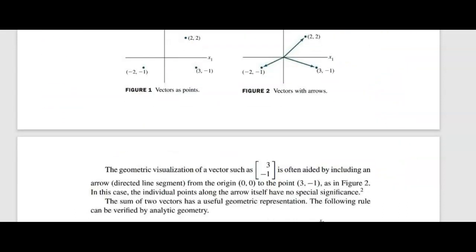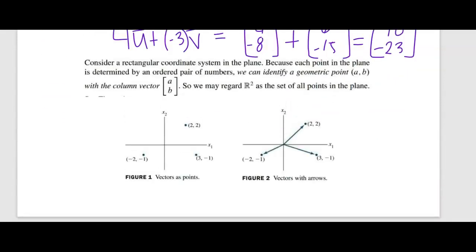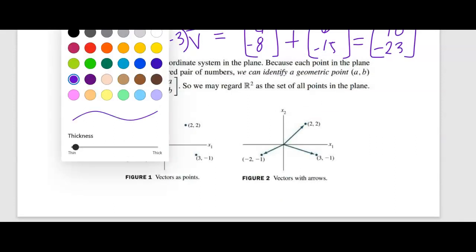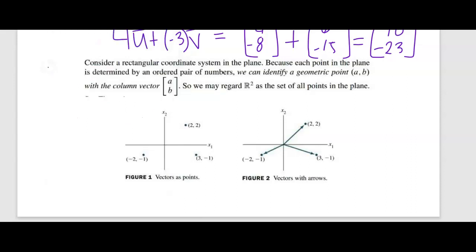All right, so here's an example of how we write these vectors in the coordinate plane. So we again can think of this as an x, y situation where a is your x and b is your y, that geometric point. And then in R2, we take the vector to go from the origin to that point, so that it has both magnitude and direction.